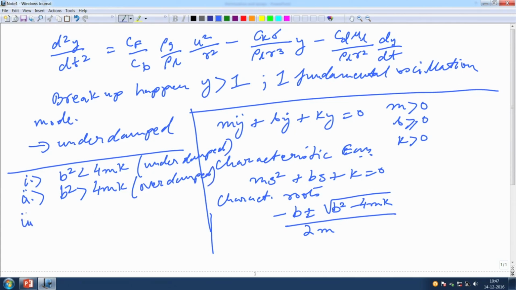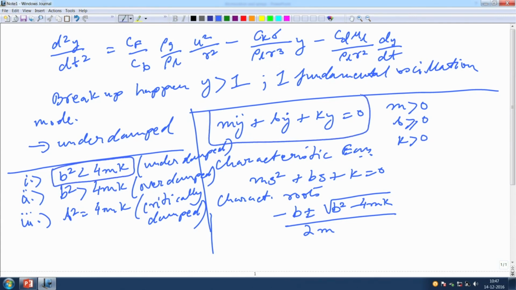And three is when b square is equal to 4 m k, which is critically damped. So, these are the 3 possible outcomes, and we are concerned mostly with the underdamped one, from the free vibration equation.